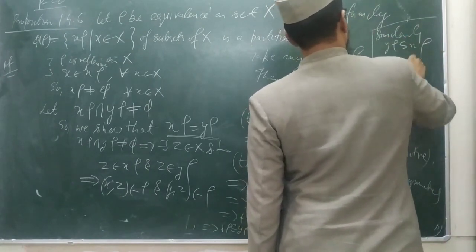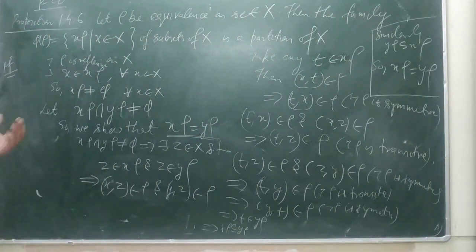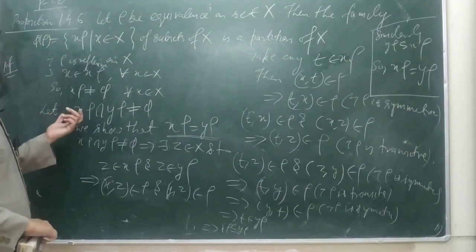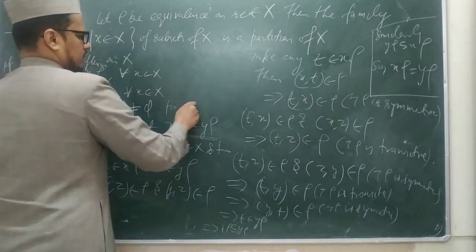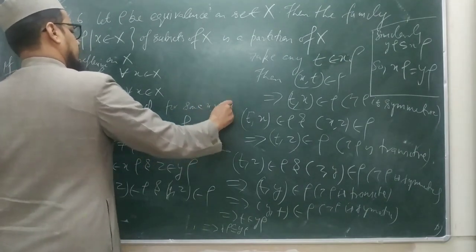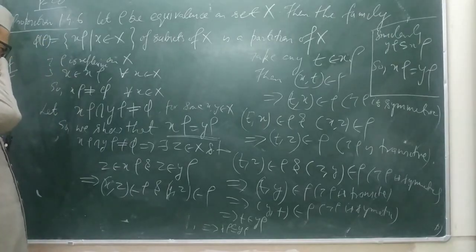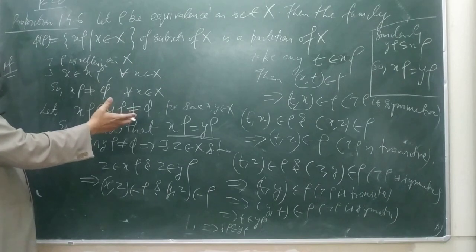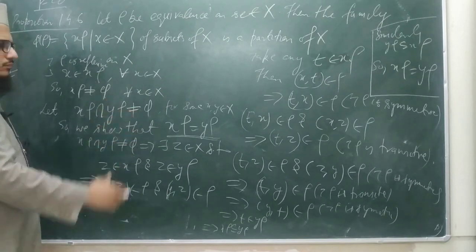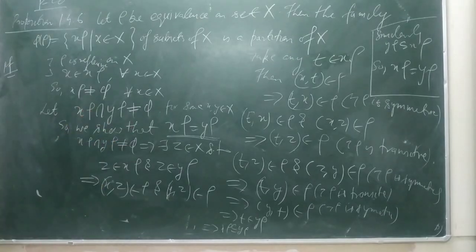So x row is equal to y row. So if for any x, y, x row intersection y row is non-empty, then x row is equal to y row. In this way, this part is proved.